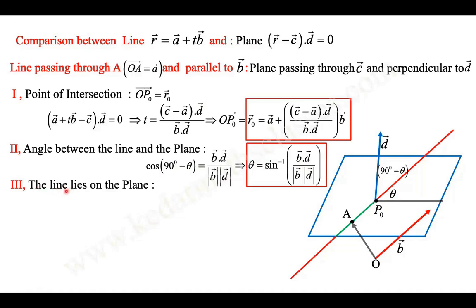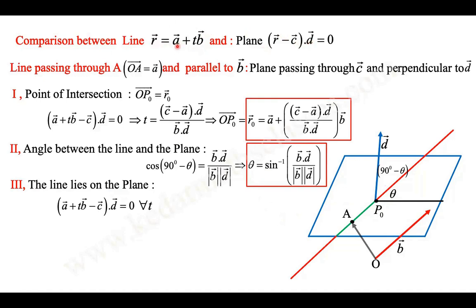This line totally lies on this plane. This line totally lies on this plane means this angle theta is 0. This angle theta is 0 and P naught lies on that plane. Its meaning is that every point on this line should lie on this plane.